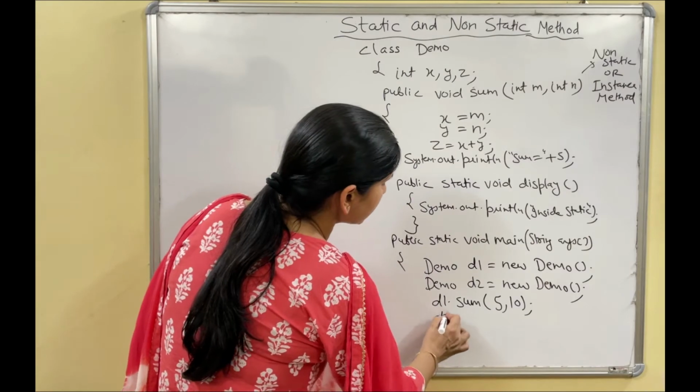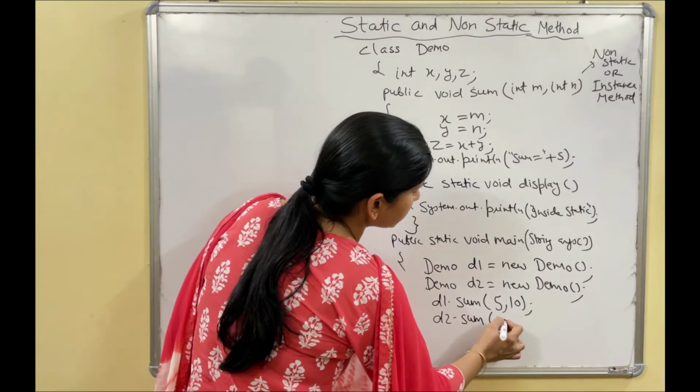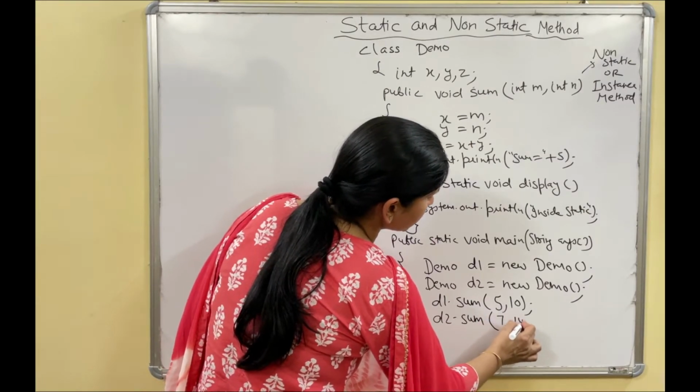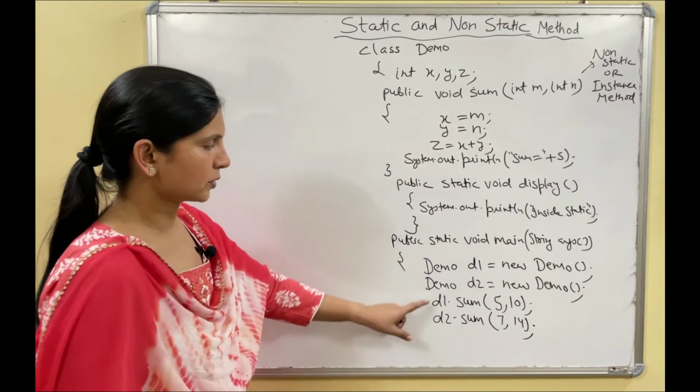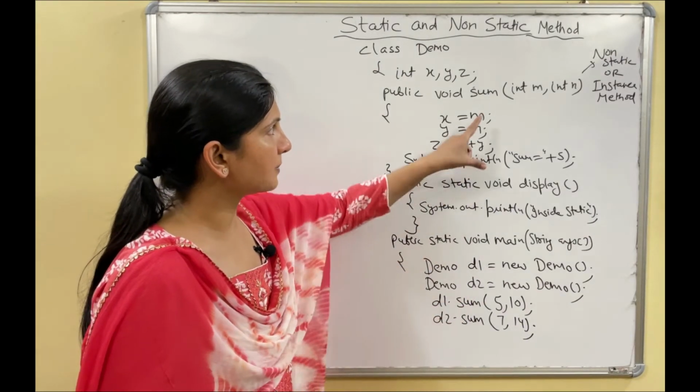Same way with another object I will invoke this method sum. Here I am giving another value, 7, 14. So with two different objects we have invoked the same method sum.